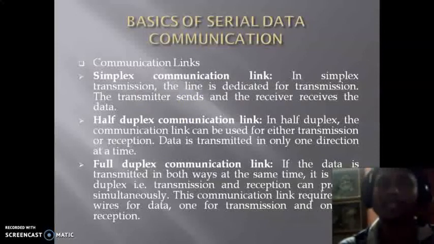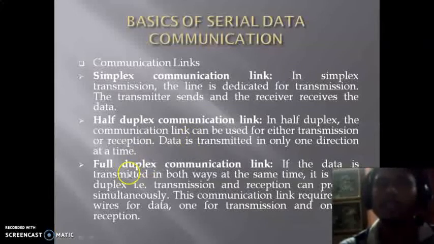That is basically a single-way transmission. In half duplex communication, the link can be used for either transmission or reception. Data is transmitted in only one direction at a time; transmission and reception can be done on both sides, but only one direction at a time.